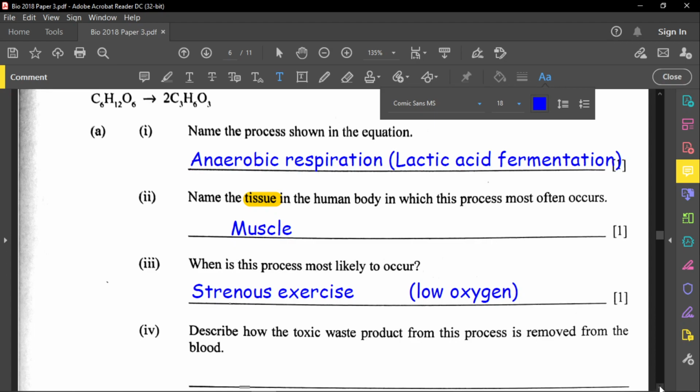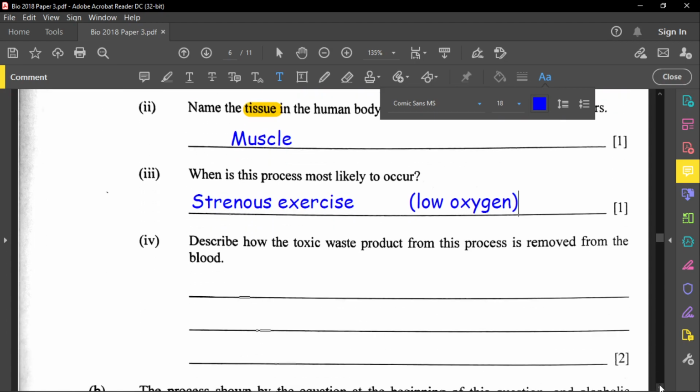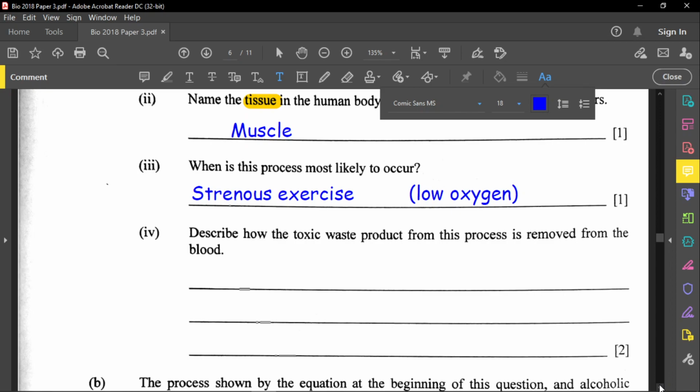All right. Now, part 4 said describe how the toxic waste product from this process is removed from the blood. What I want to point out here is that the waste product they're referring to is lactic acid. Lactic acid will cause the muscles to cramp or to burn. So a buildup of lactic acid gives you cramping in the muscles.